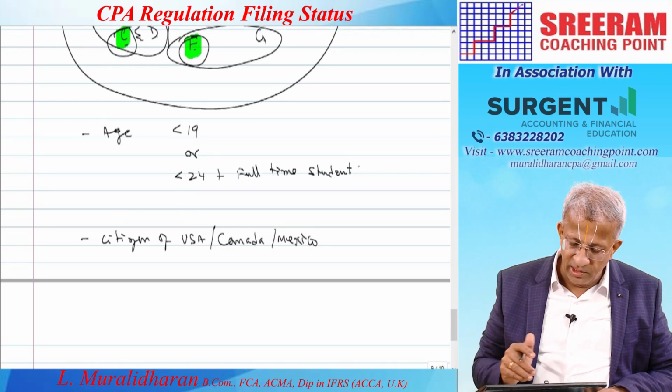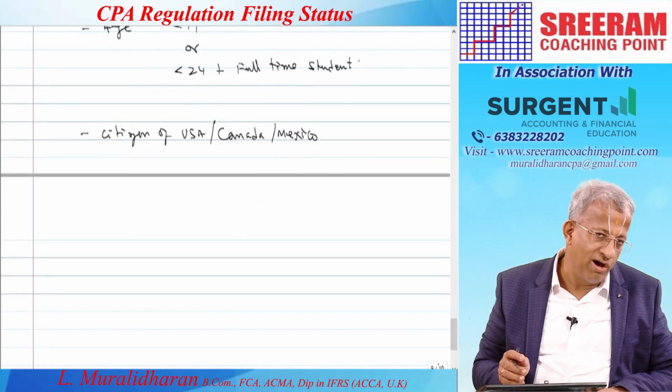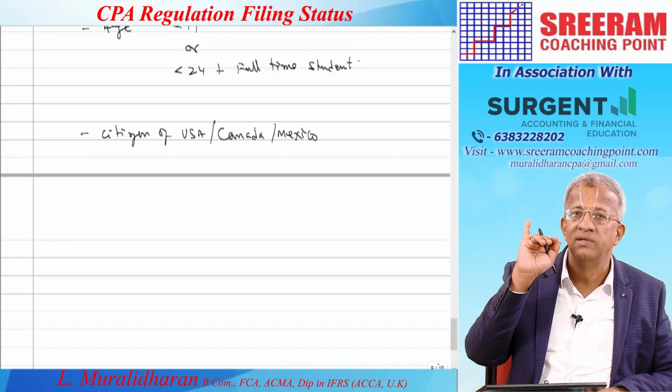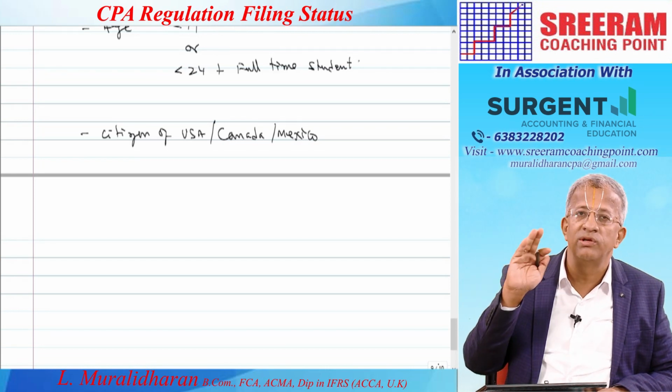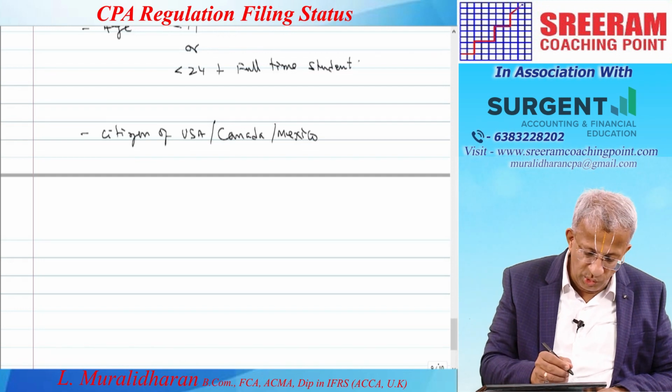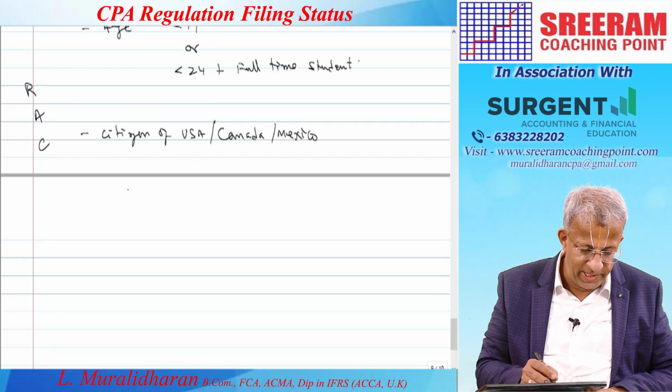So, that person should be a citizen of USA or Canada or Mexico. So far we have just seen relationship, then number 2 age, then number 3 citizenship.